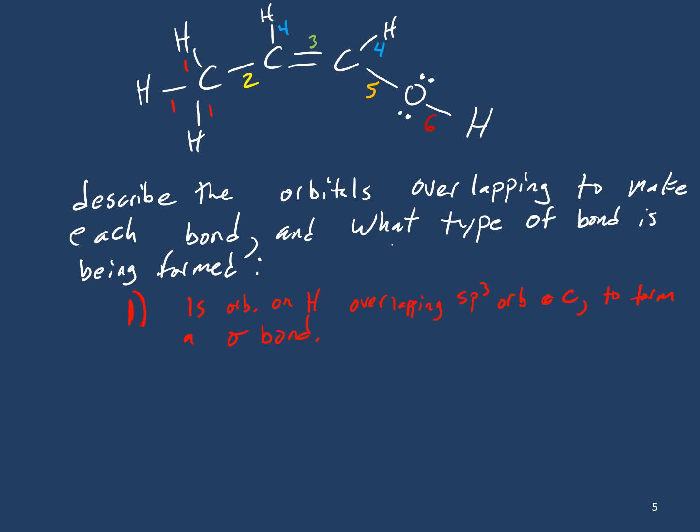I know that because this carbon has a tetrahedral electron group geometry, which means it has sp3 hybrid orbitals around it. Number 2 is due to the sp3 orbital on carbon overlapping with the sp2 orbital on, we'll say this is carbon 1 and this is carbon 2, on carbon 2. This also forms a sigma bond.